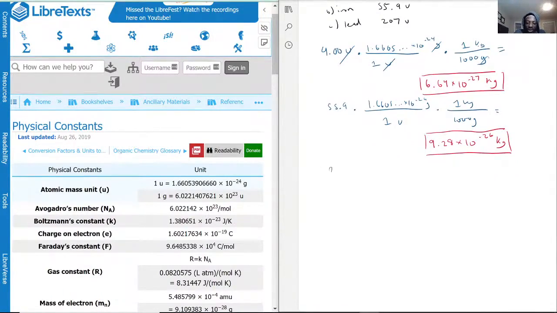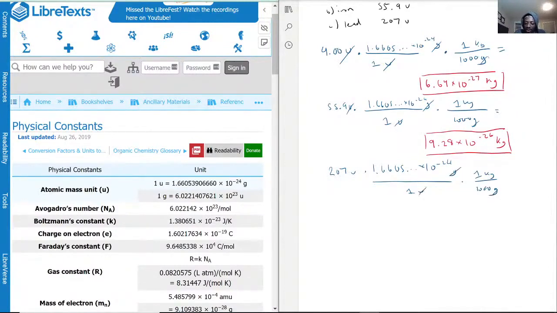So we have 207 units times 1.6605 times 10 to the negative 24 grams per 1 unit. Sorry, always remember to put your units so you actually know what you're canceling. I'm just checking back my previous work. And then 1 kilogram is equal to 1,000 grams.